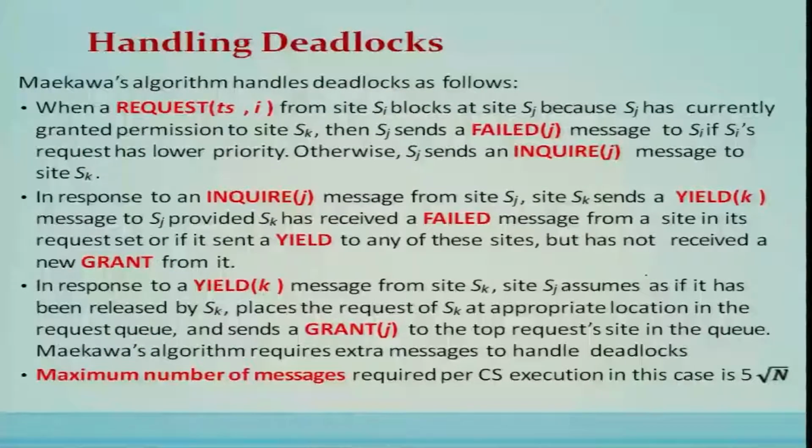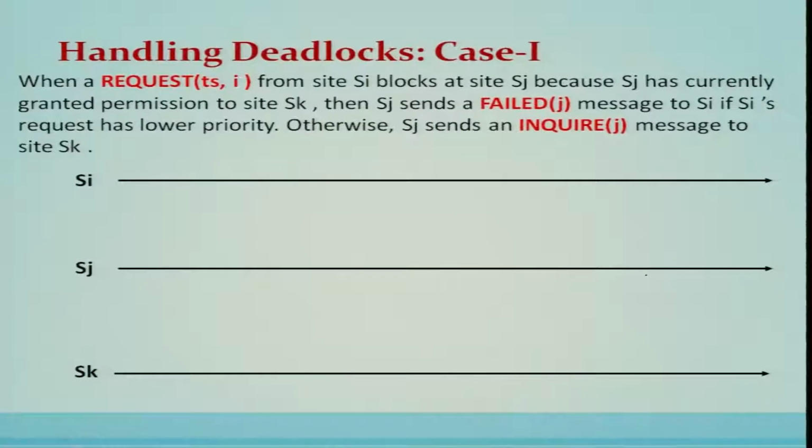Now, Maekawa's algorithm handles deadlock as follows. When a request timestamped i from site Si blocks at site Sj because Sj has currently granted the permission to site Sk, then Sj sends a failed message to Si if Si's request has a lower priority, otherwise Sj sends an inquire message to site Si. This we can see from the illustrative diagram.